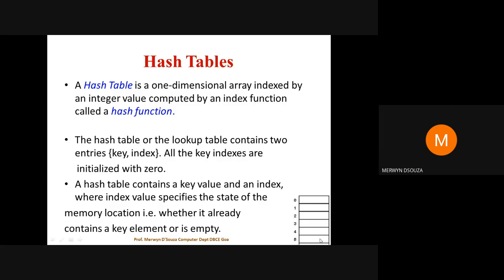You can have all the keys set to 0, but it's not compulsory to do that. A hash table contains a key value and an index, where the index value specifies the state of the memory location, that is whether it contains a key element, that is a value, or it is empty.